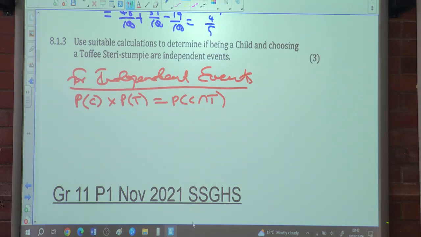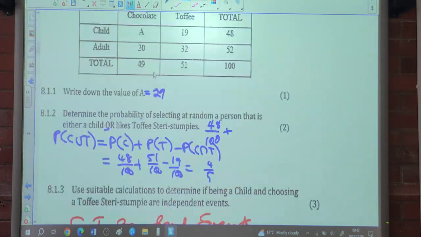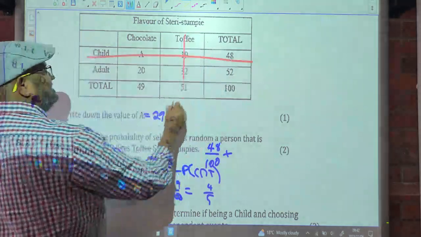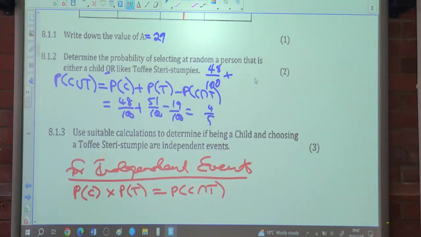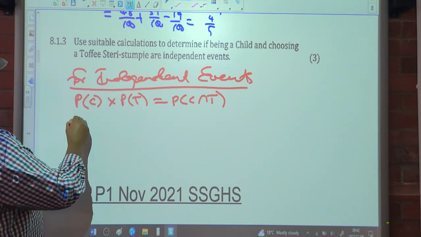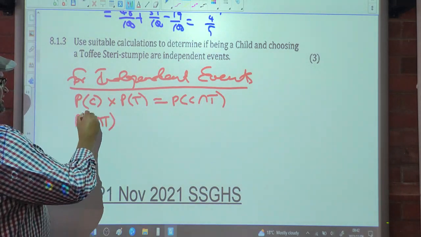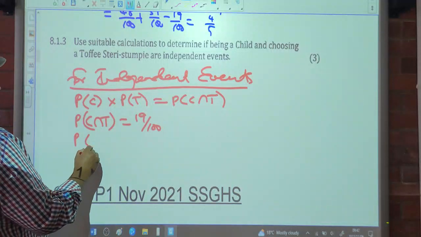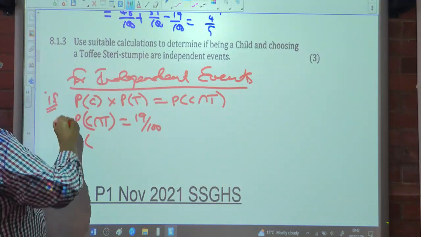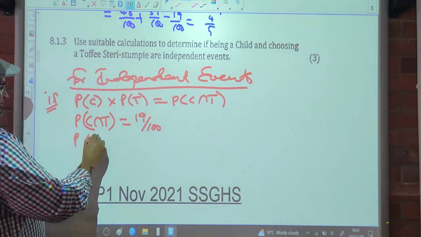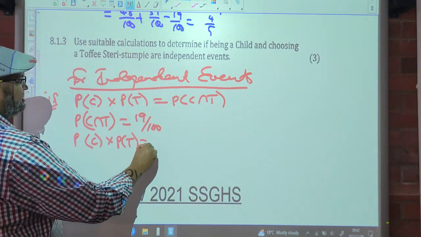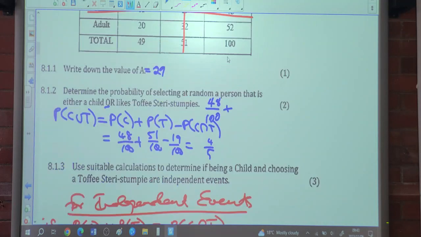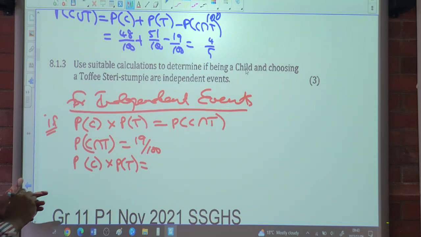We had a discussion already about this in the earlier section. So we know that child intersection toffee is 19 over 100. So let's see what the probability of child times the probability of toffee is. The probability of child was 48 over 100 and likes toffee is 51 over 100.